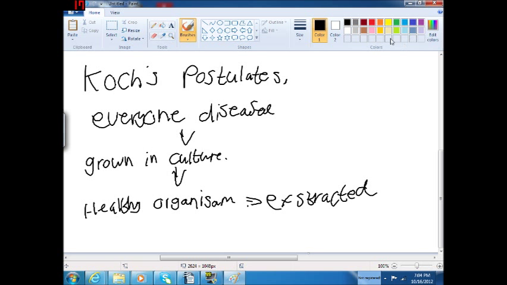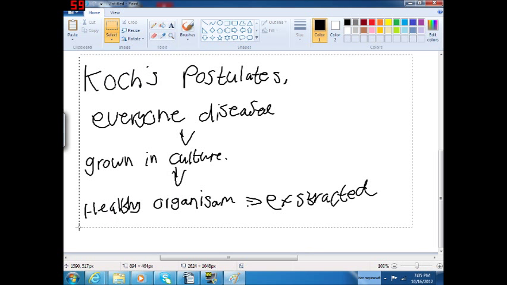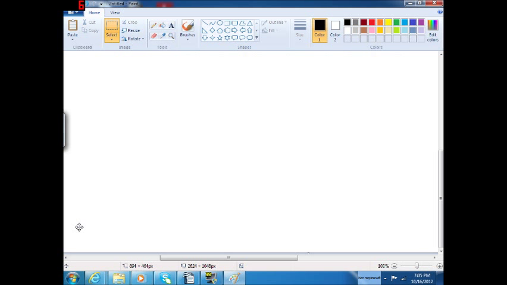Now, the next topic we're going to look at is how bacteria actually can make you ill, because they don't just get inside your body and hey presto, man flu, playing Xbox all night. Something actually has to happen. Now, there's two ways in which pathogens can make you ill.